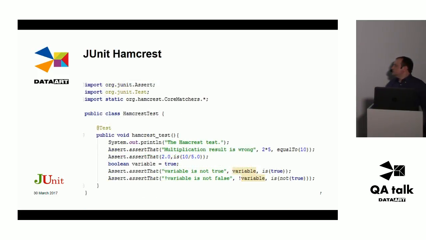In JUnit 4, some classes of Hamcrest were included. And what is Hamcrest? Hamcrest makes our tests more meaningful. We can just assert something using usual English words. And here sometimes such notion is more meaningful than usual asserts.